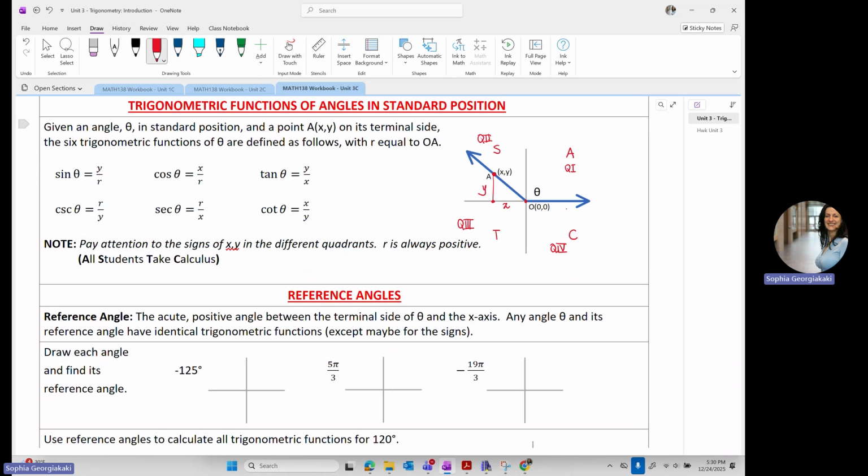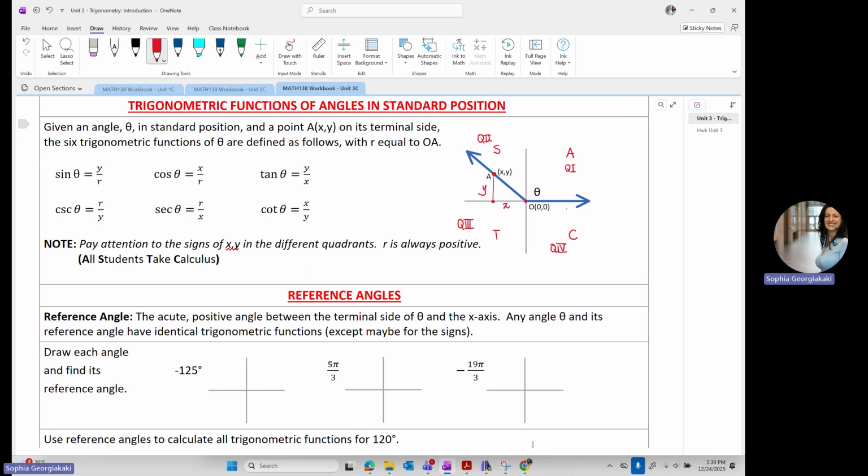The tangent is positive in quadrant 3, and that is because x and y are both negative, and the tangent has both x and y. And calculus is the cosine will be positive in quadrant 4, and that is because x is positive in quadrant 4.